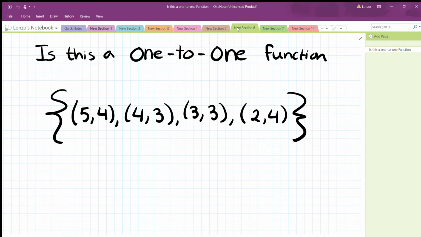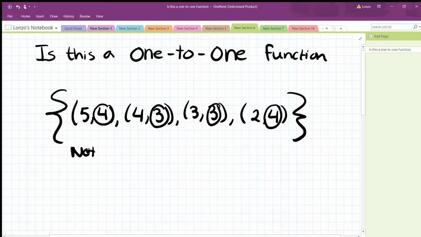Let me ask you, is this a one-to-one function? Remember, we have to focus on the y value. We have a y value here, 4, and a 3 here, and a 3 here, and a 4 here. Is this technically a one-to-one function? It's definitely not, because the y value repeats more than once.